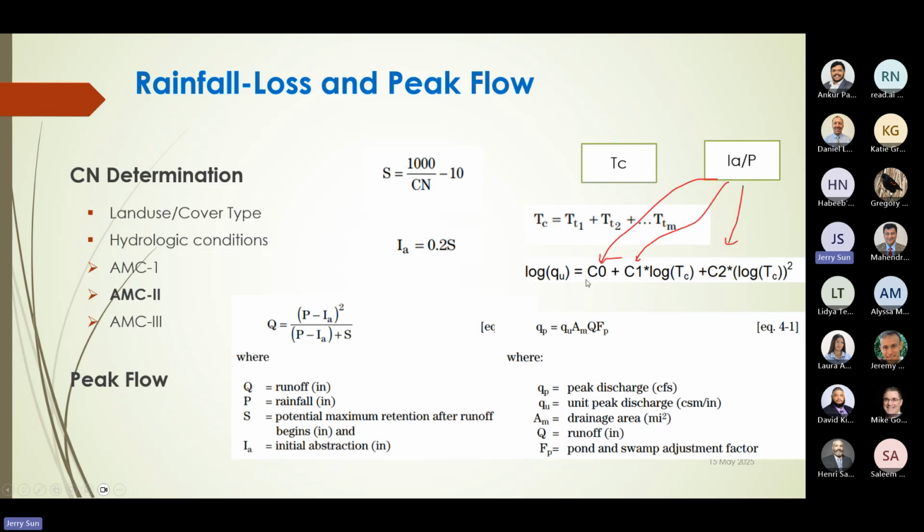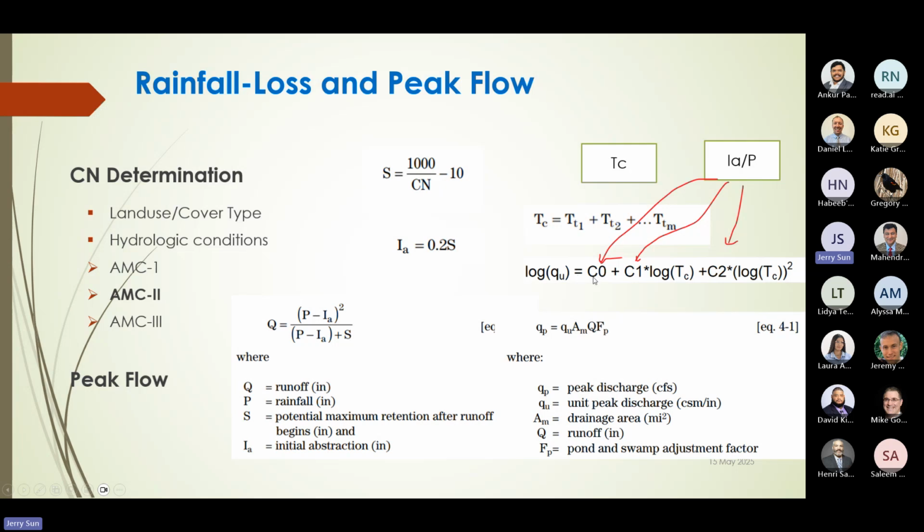After that, how do we get this one, because different locations have different QU, right? But we have the equation. Most people use the figures. They use a chart. For example, TR55 has a chart with the different Ia over P ratios. You get a QU based on TC. But actually, there are equations.